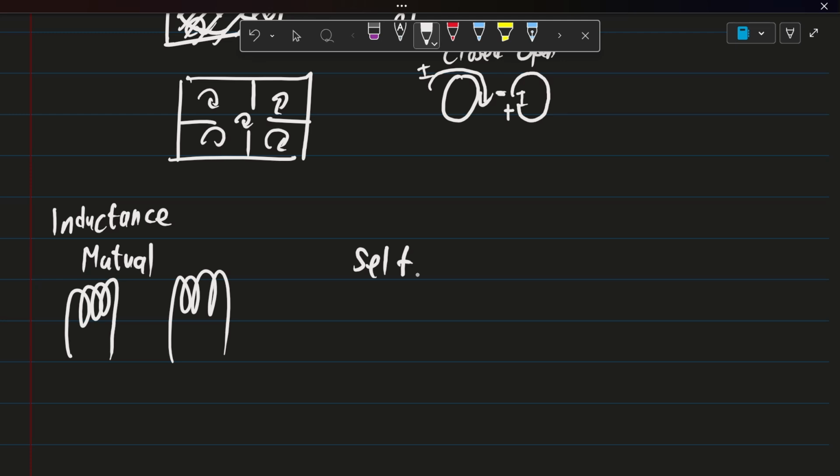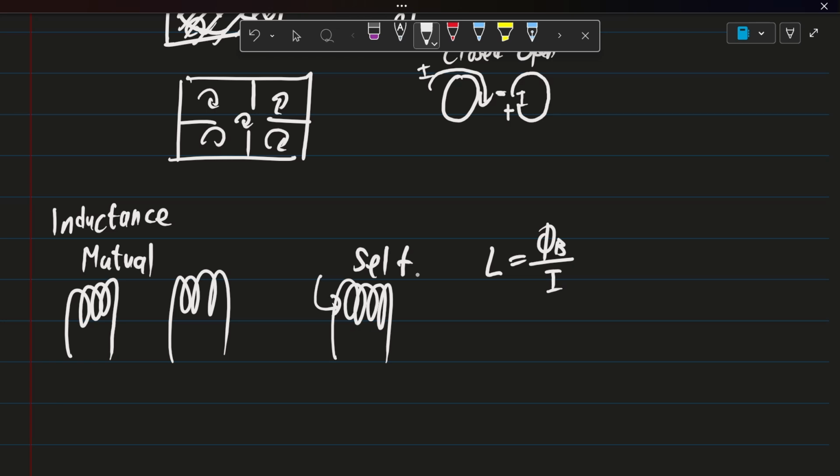But here, I want to talk about self-inductance, in which the changing magnetic field results in a change of current within itself. So how do we quantify self-inductance? We define the self-inductance ratio to be the magnetic flux over the current.